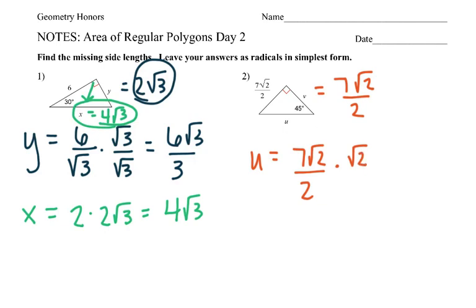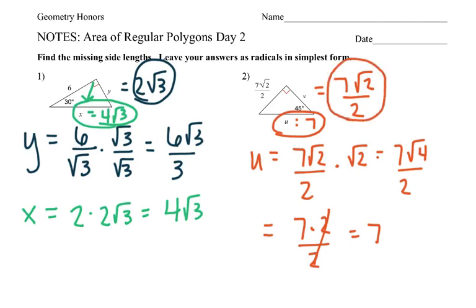Okay, now root 2 times root 2 is root 4. And the square root of 4 is 2. So 7 times 2 over 2, which is 14, and 14 divided by 2 is 7. Or we can just simplify out those factors. Okay, so u is equal to 7.